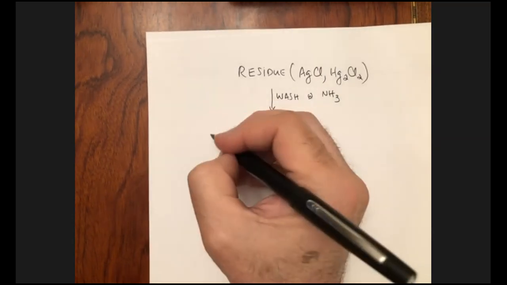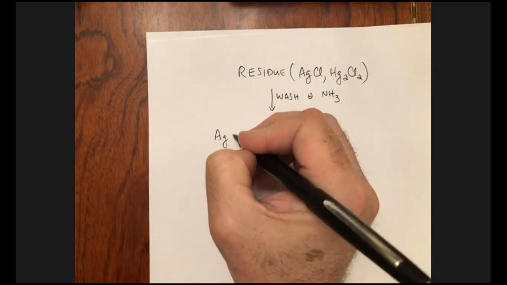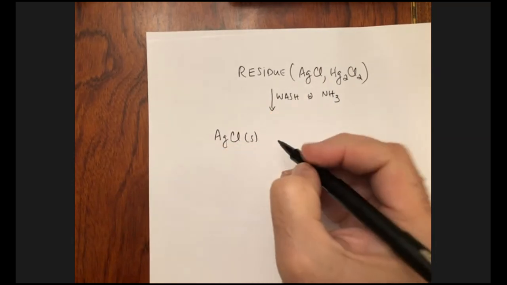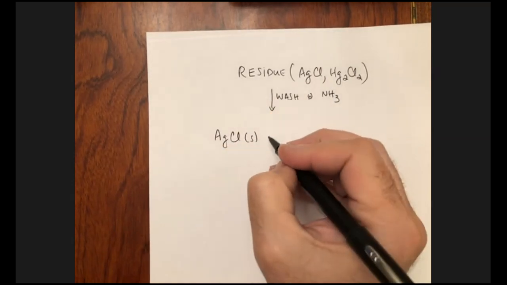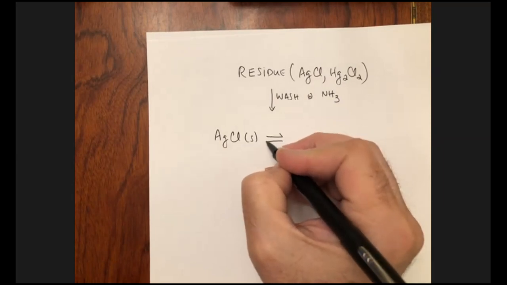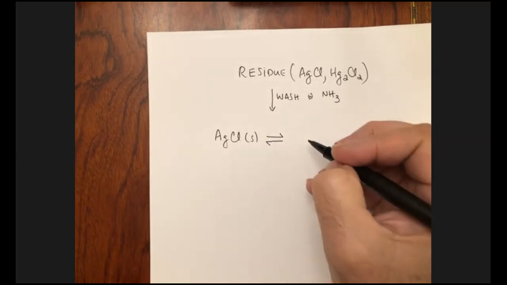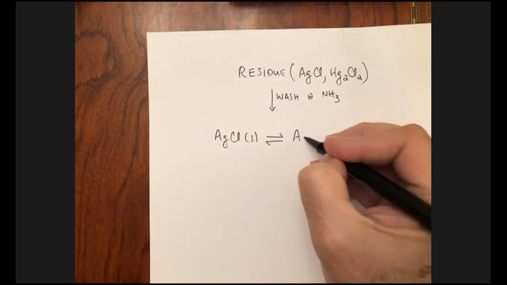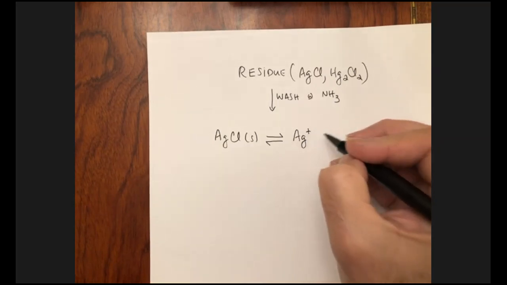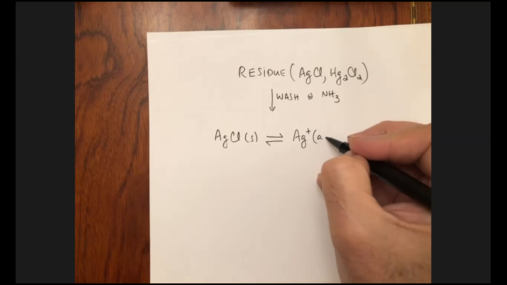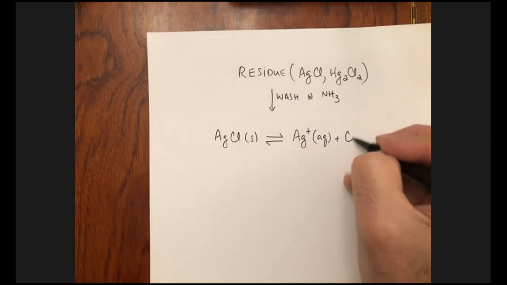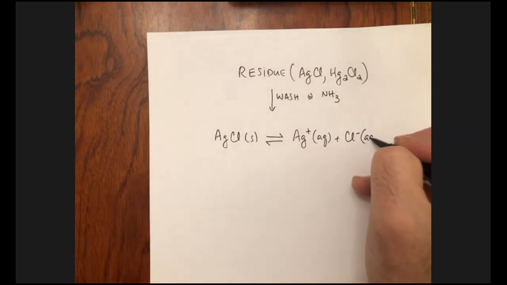So silver chloride, of course, is actually a substance that, although insoluble, as we'll learn later on in the semester, all of these so-called insoluble precipitates are actually in equilibrium between the insoluble form and the dissolved and dissociated ions.